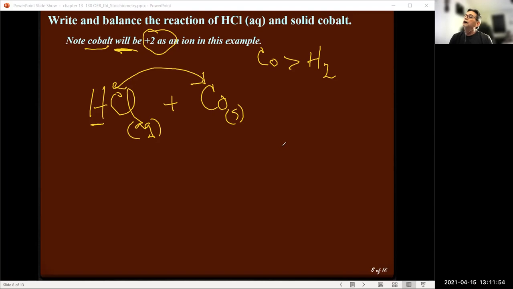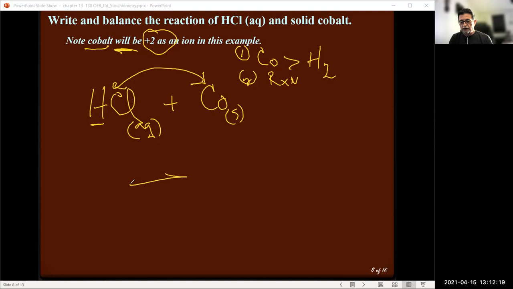Okay. And then the next question is, well, okay, is cobalt in salt form? No, it's not. It's in elemental form. Therefore, we have a reaction. Okay. Which tells me that the cobalt will become ionic and the hydrogen proton will go back to element.